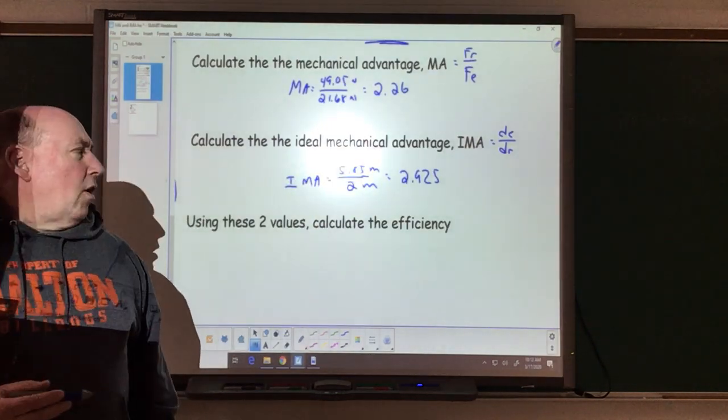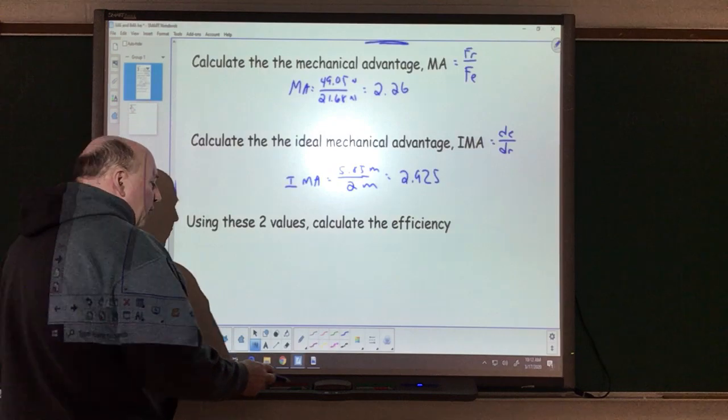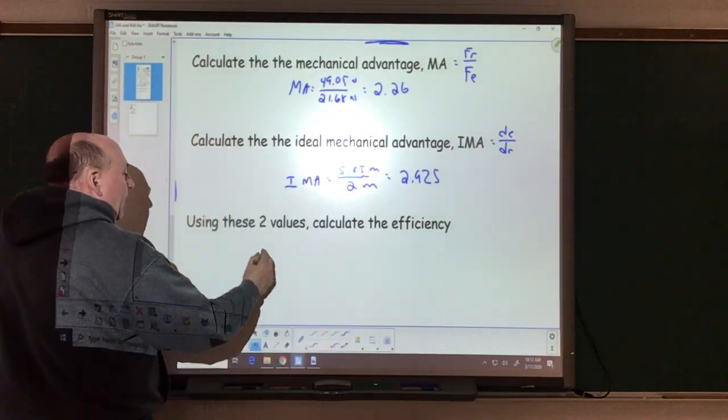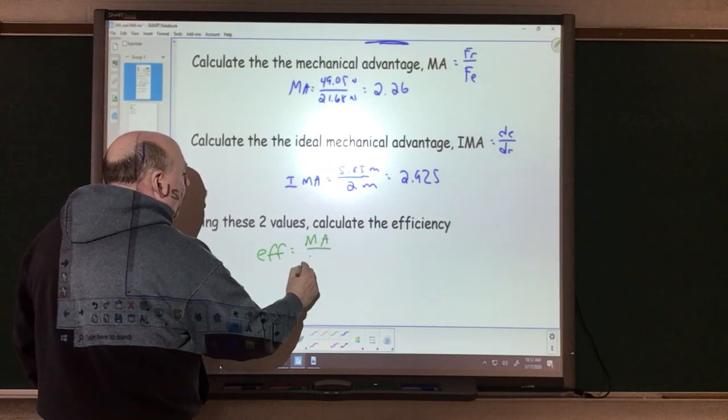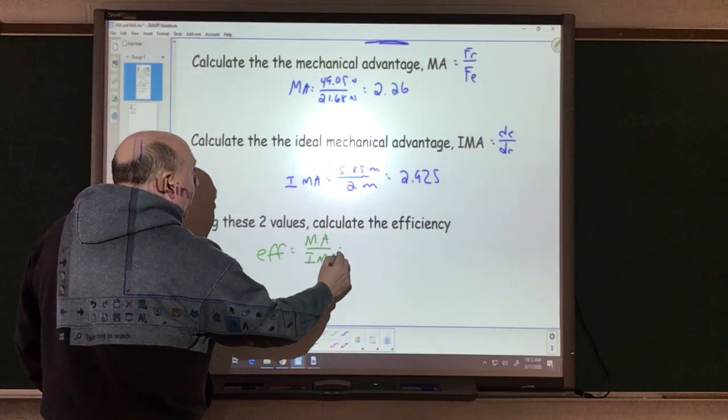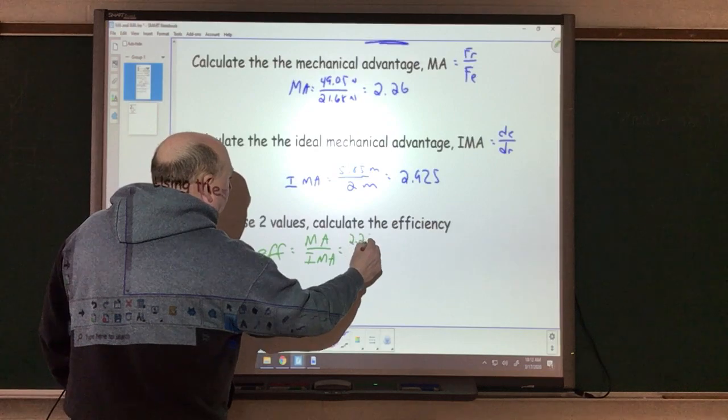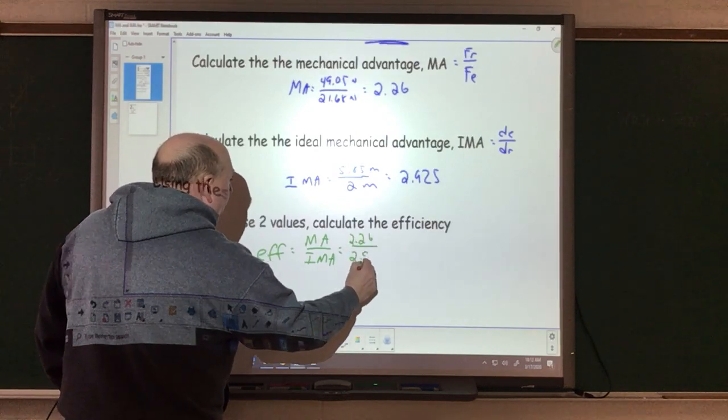To calculate our efficiency, we take the mechanical advantage divided by the ideal mechanical advantage, which is 2.26 divided by 2.925.